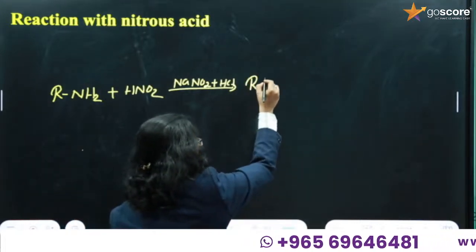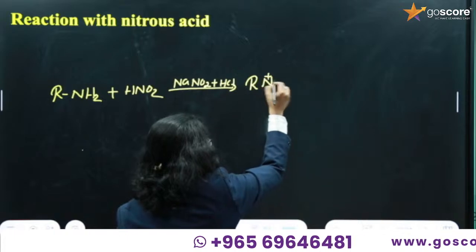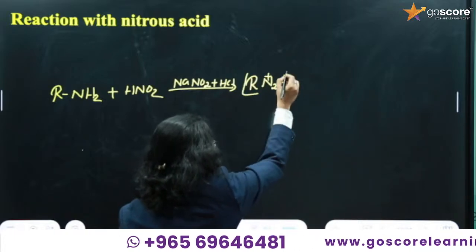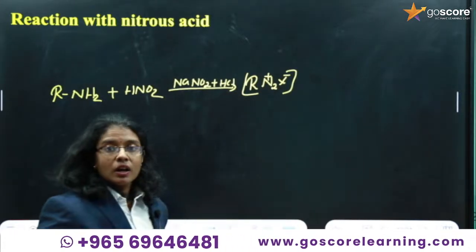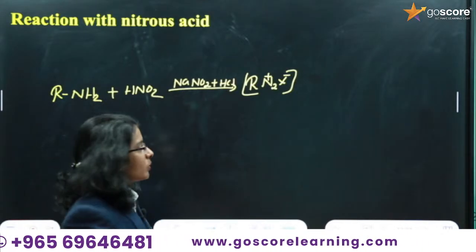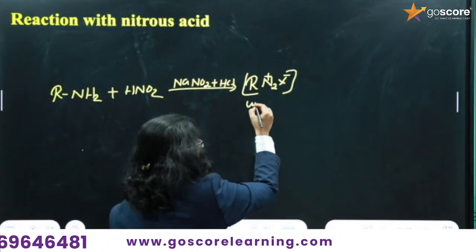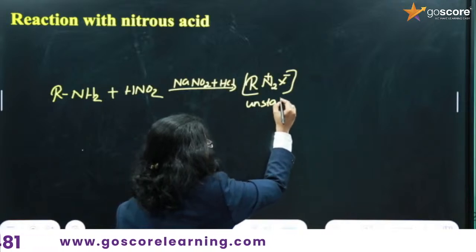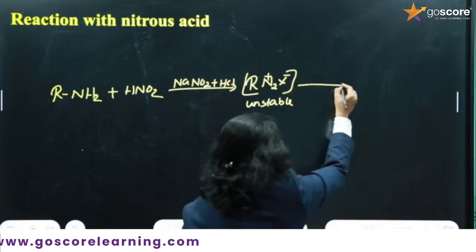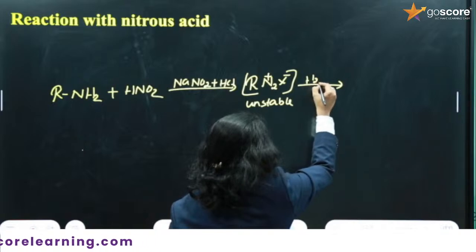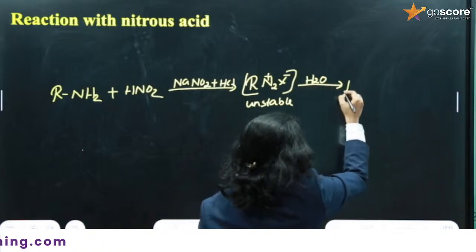You will get aliphatic diazonium chloride, that is RN2+ X-. This is unstable. This on treating with water, you will get alcohol.